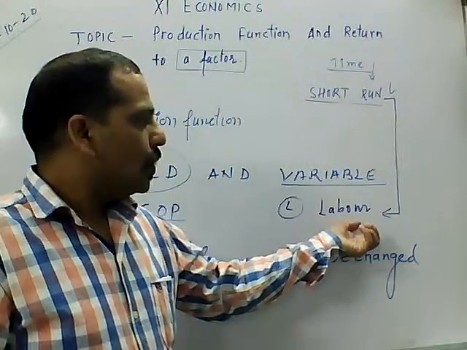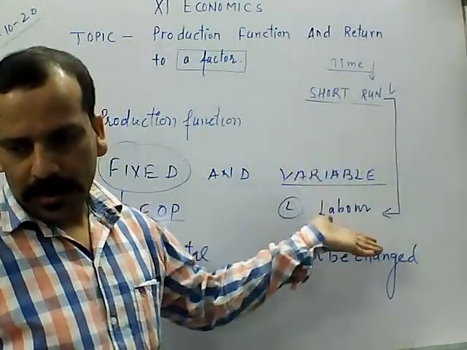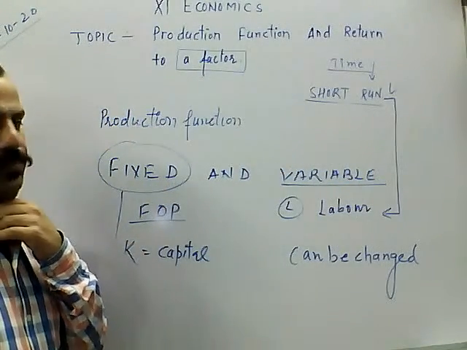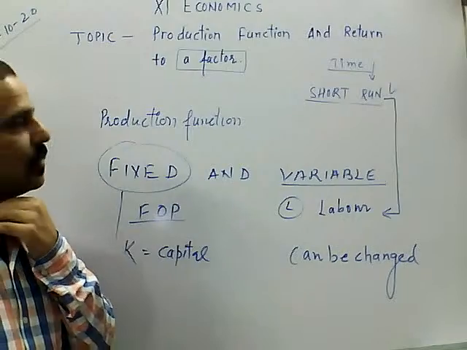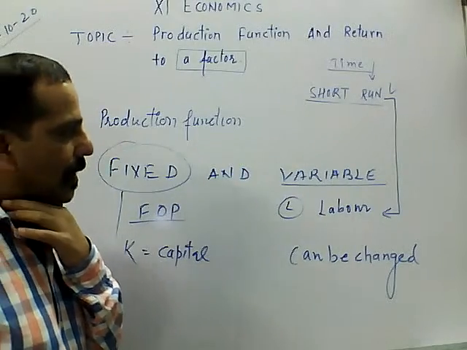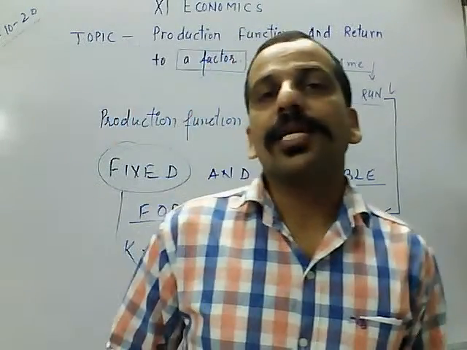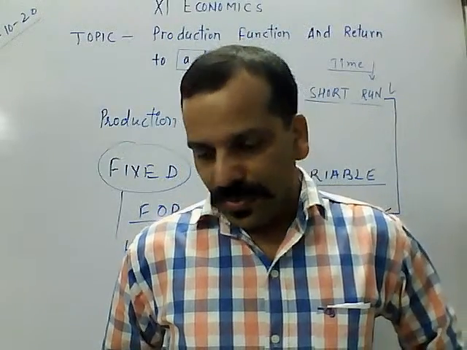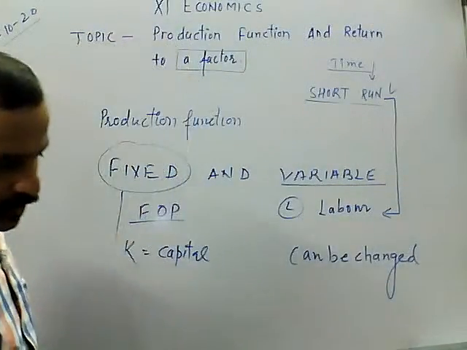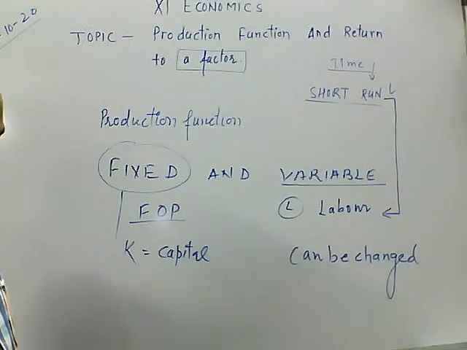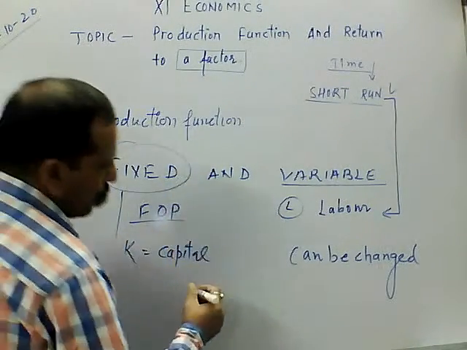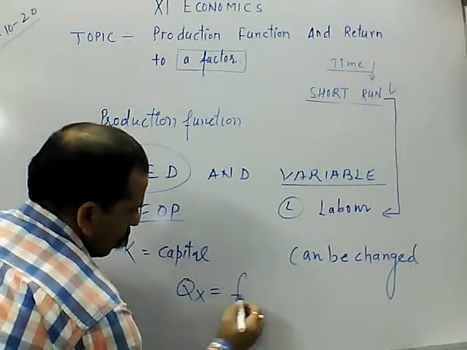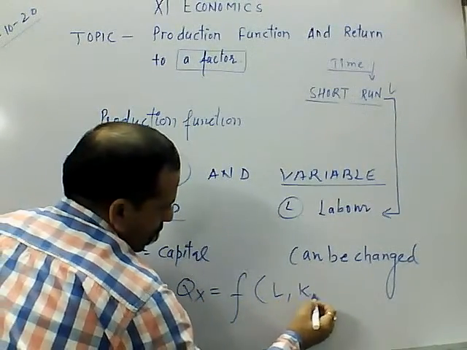So for labor, what you can do is recruit or hire more casual workers or daily wage workers. When you hire, automatically the production can be increased. That is the short run production function. So in the short run production function, Q, the quantity of X, is a function of labor and capital.